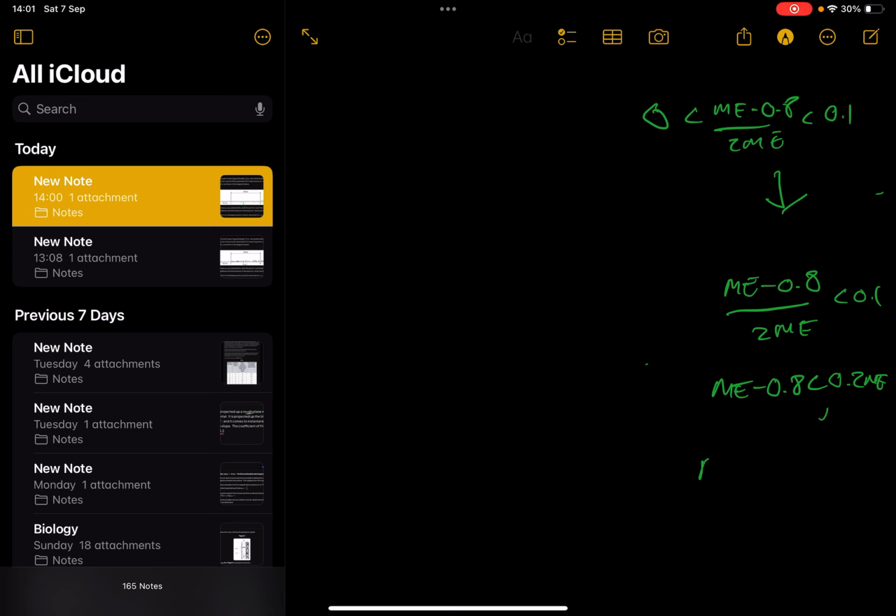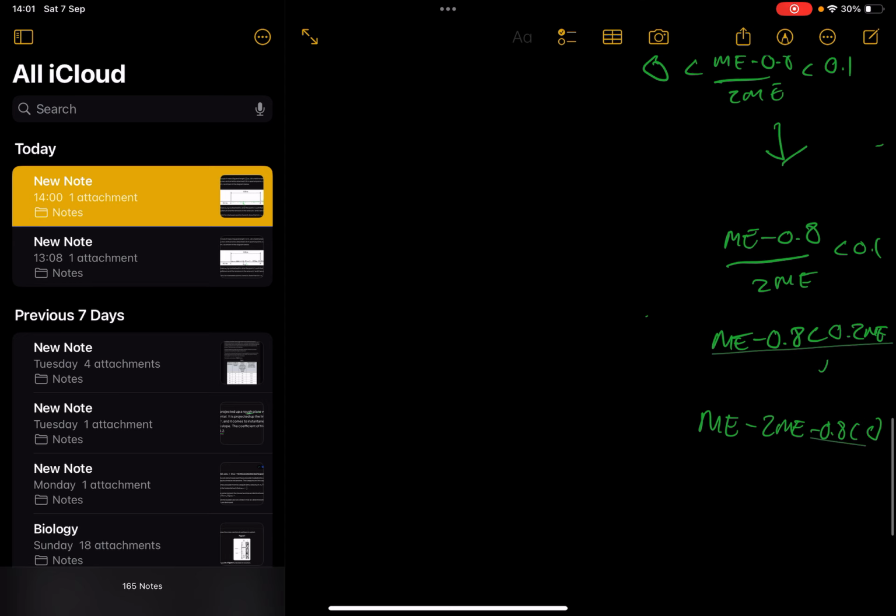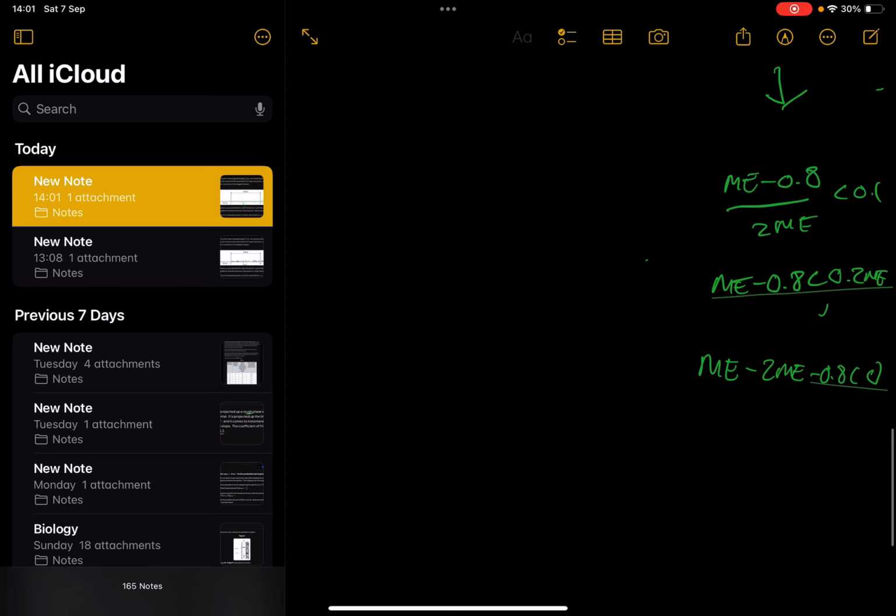And we say m minus 0.2m minus 0.8 is less than 0, since we moved it onto the other side.